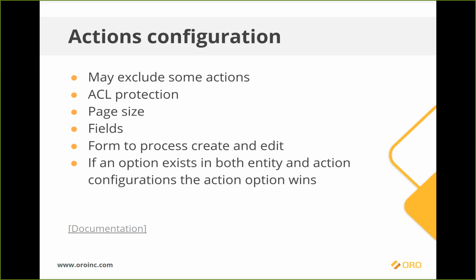Okay, so this is important. For example, what I said in the beginning, we have the order, and for order, you may not want to return the budget, but you would like to expose it in the API for the post request, right? So in this case, I could create the action configuration.